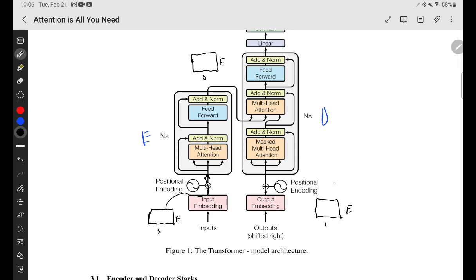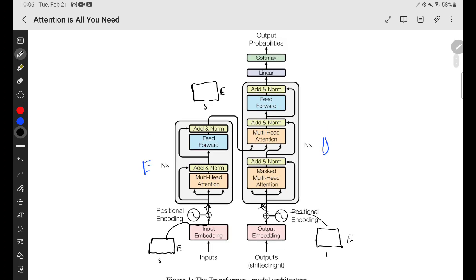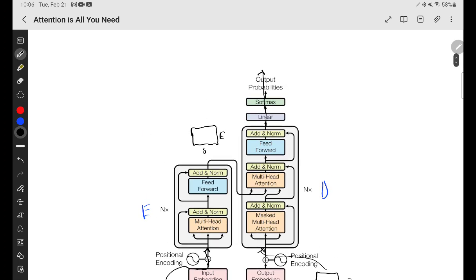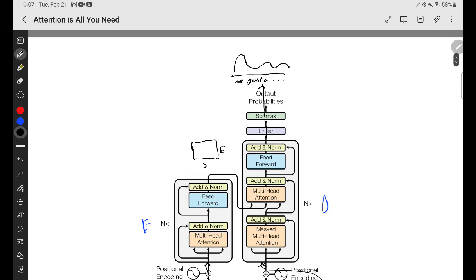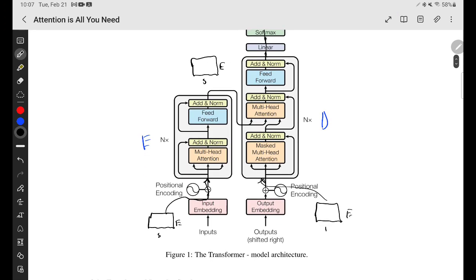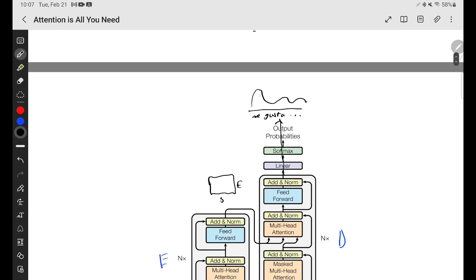This will be the start token. You feed that through. You get an output distribution. So it'll be some distribution over the vocab, or it'll be the Spanish vocab. So some distribution over me, gusta, and so on. You sample that, you add it to here. So now S is equal to 2. You feed that through. You get another distribution output, which looks different.